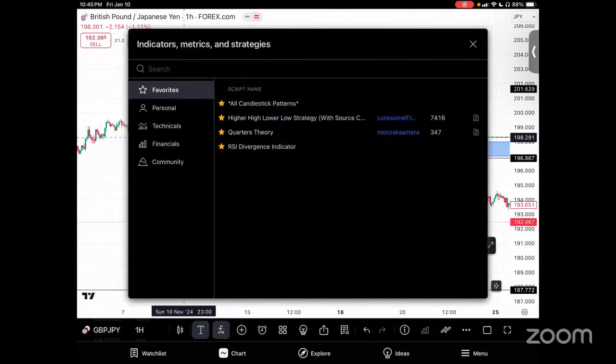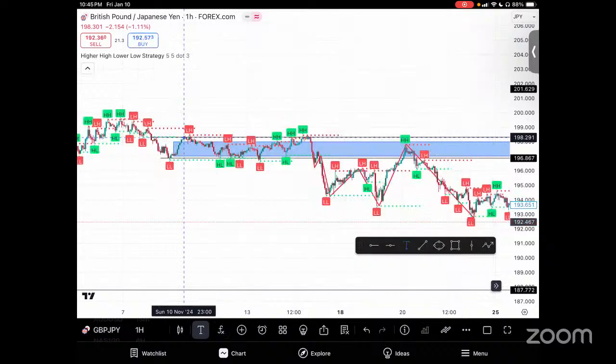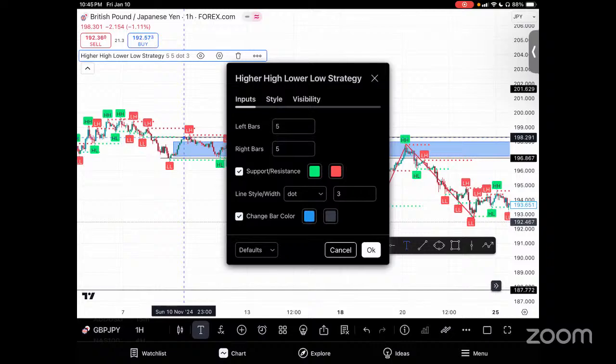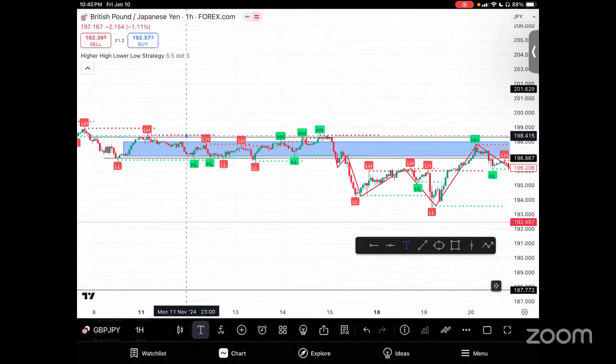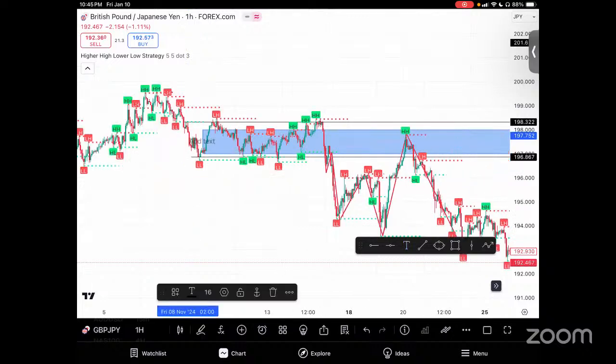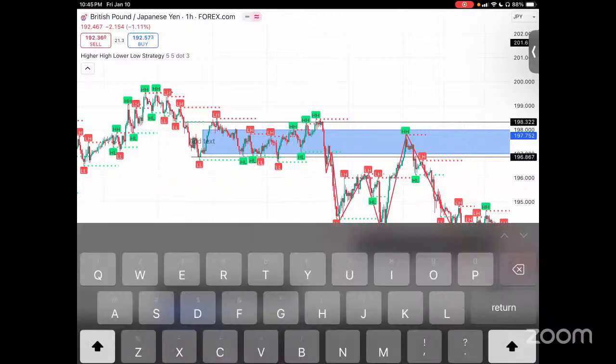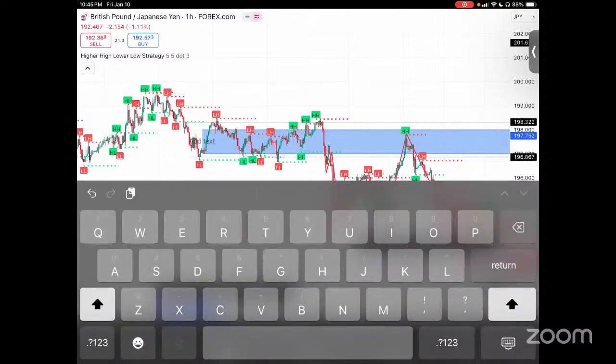Now let's add our indicator and let's see if we were spot on. We're going to hide the indicator and change the bar color. 198, 322.